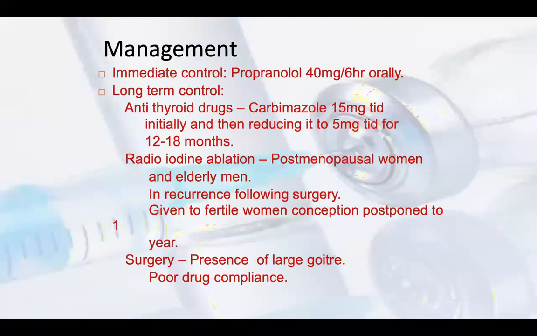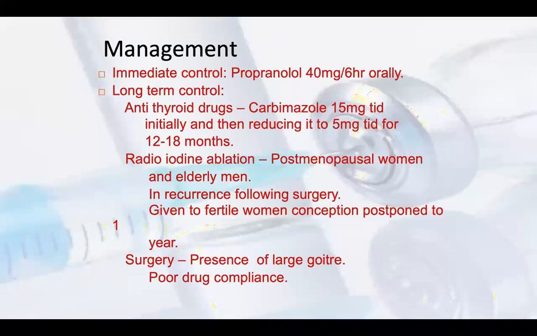Preventive treatments. For immediate control, propranolol 40 milligrams. For long-term control, you can take antithyroid drugs: carbimazole 15 milligrams twice a day initially, then reducing it to 5 milligrams twice a day for 12 to 18 months.